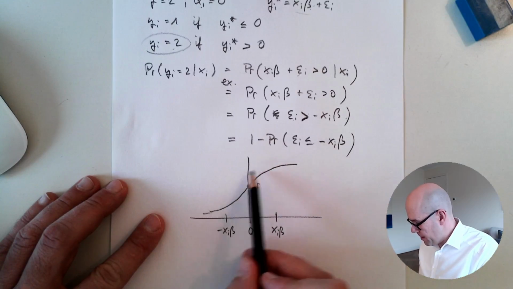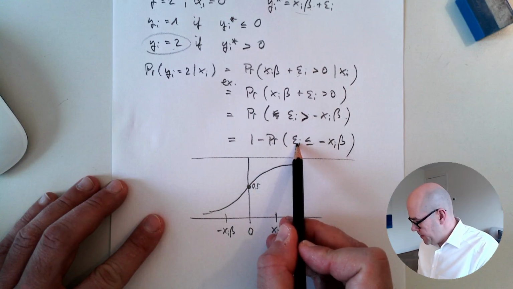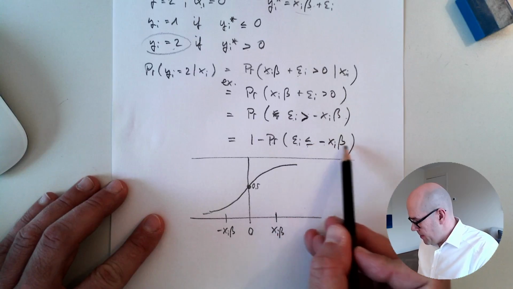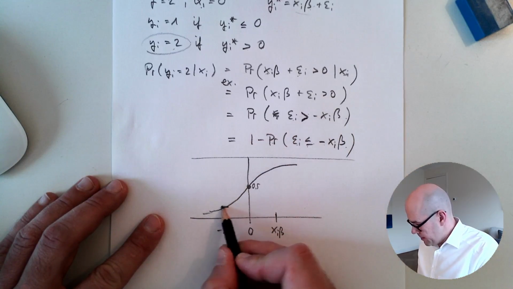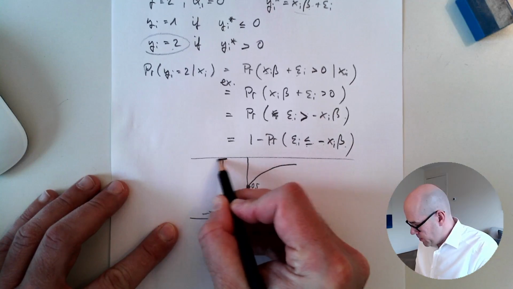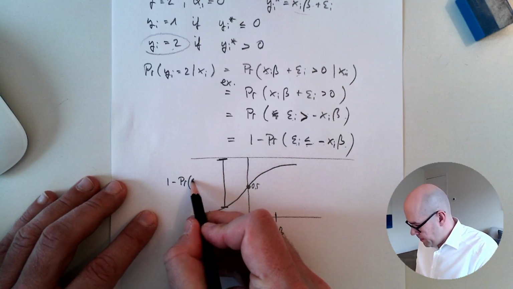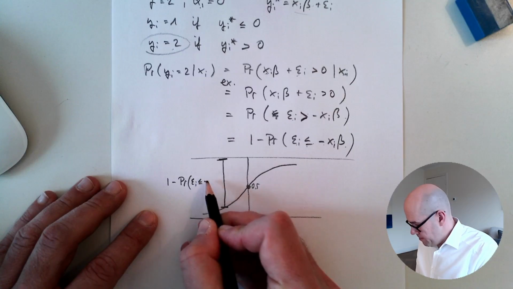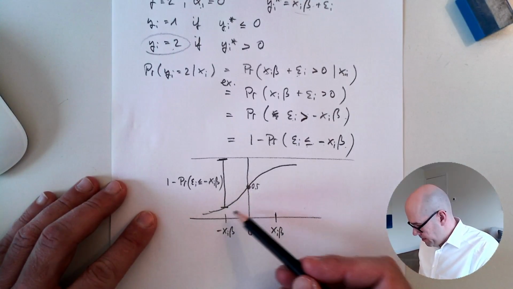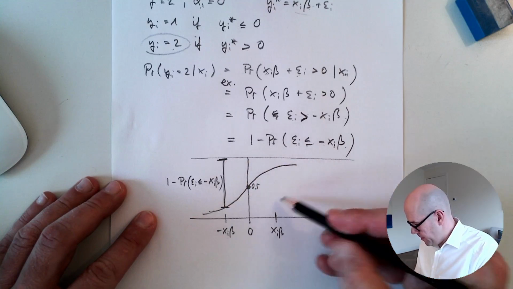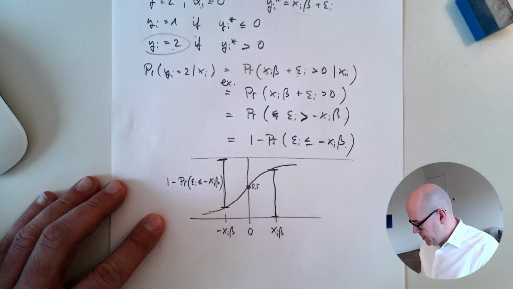And now what I'm looking at here is 1 minus the probability that epsilon is less than or equal to minus xi beta. So this quantity here is actually this quantity here. So let me write that down: 1 minus the probability that epsilon I is less than or equal to minus xi beta. Now, because of point symmetry, this quantity here is equal to this quantity here.